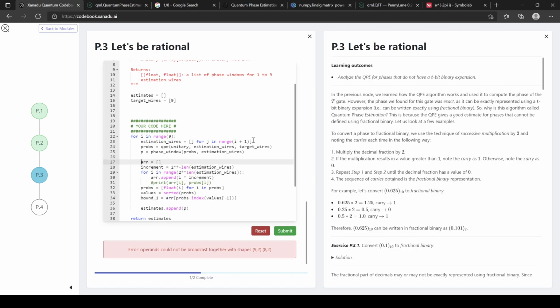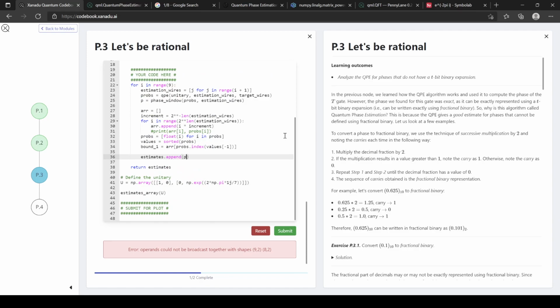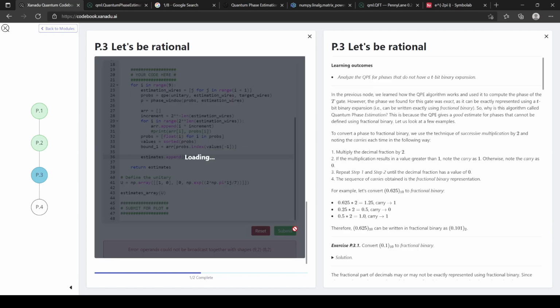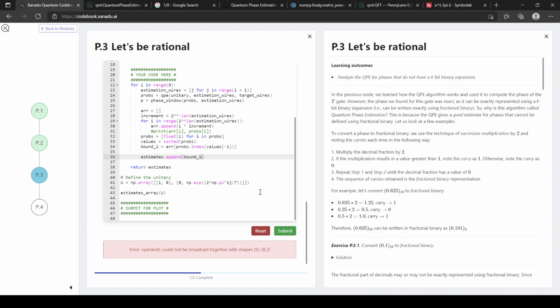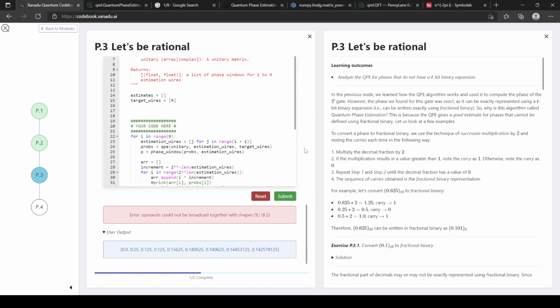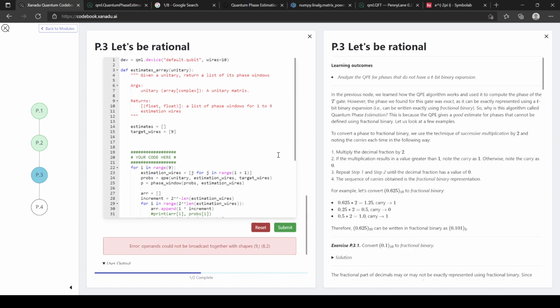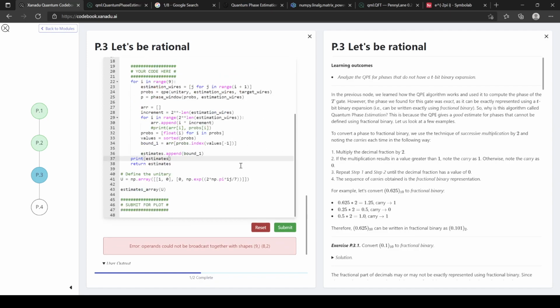All right, let's do that. That's under. What is this supposed to be? I don't understand. Oh, a list of phase windows.